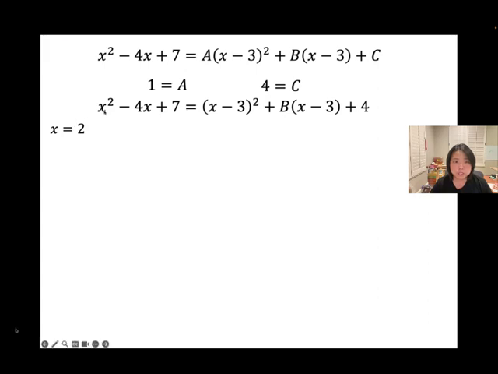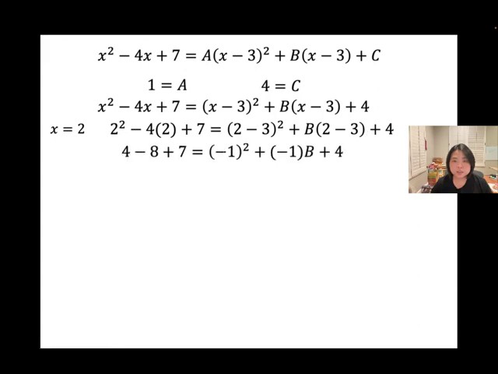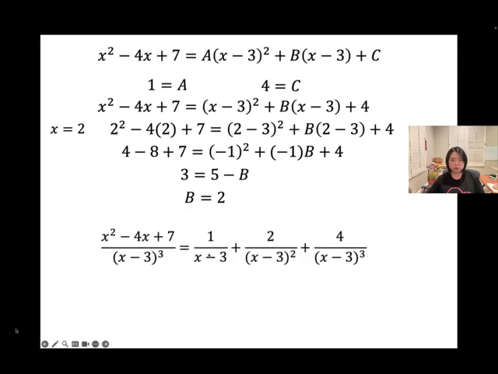Okay, so plug in here. There'll be 2 squared minus 2 plus 7. And this is 2 minus 3 and 2 minus 3. Okay, simplify it. You're gonna get B equal to 2. Okay, so put it back to the original one here, A, B, and C.